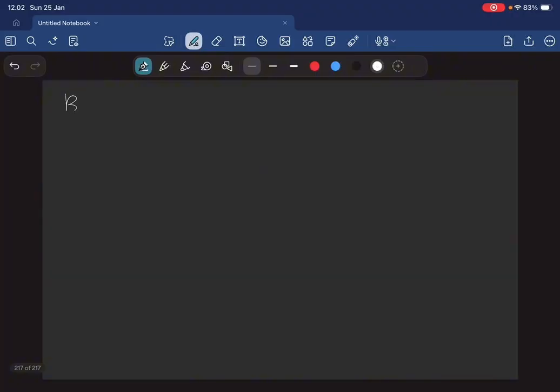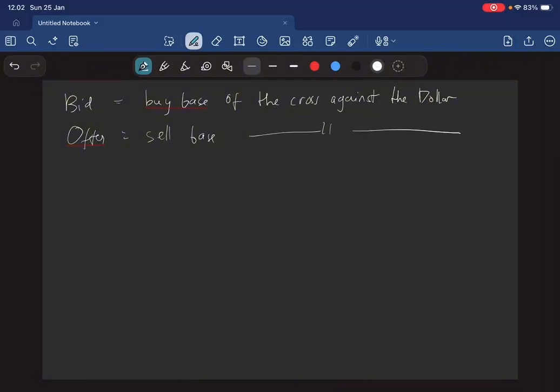Such as if we're talking about bid, meaning buy base of the cross against the dollar, while offer means sell base of the cross against the dollar.